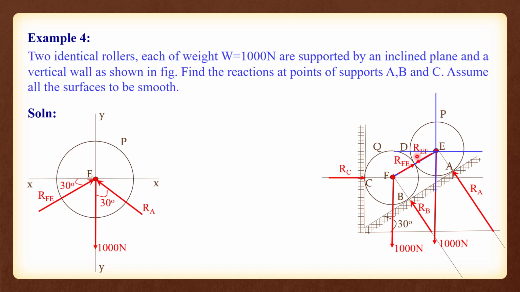Now, if this angle is 30 degree, this angle also will be equal to 30 degree. Correct? So this is 30 degree with the x-axis. Now we have two inclined forces and a vertical force. In order to apply the method of resolution, we will draw two new axes, x and y axis, and we will transfer all the forces from the free body diagram to this new system of axes.